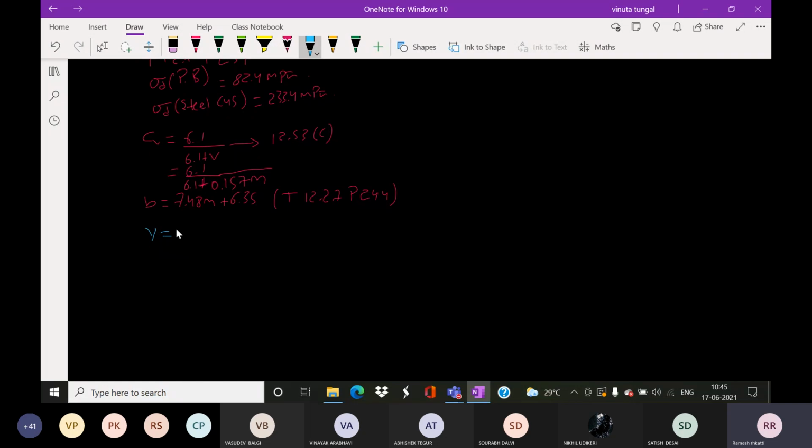Don't get confused with the capital Y. Small y is given for the angles 14.5, 20 degree, 25, 30. For 14.5, how much is the form factor? It is 0.1. This I have taken from table number 12.28C, on page number 244.